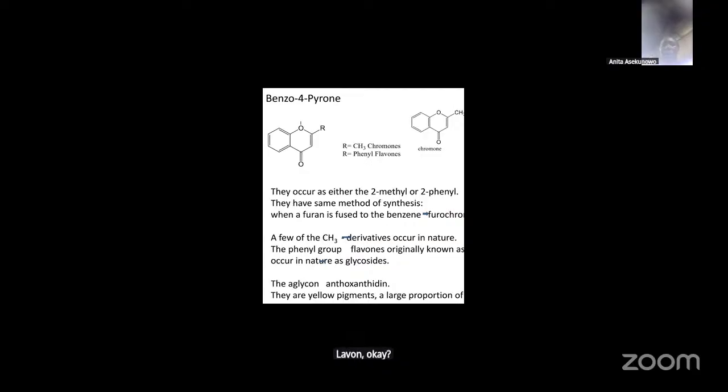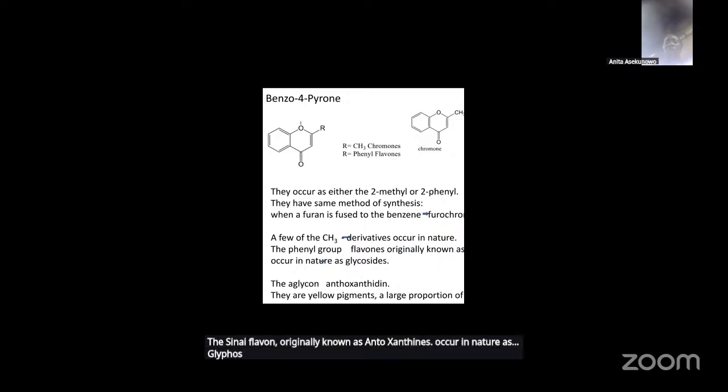Now, in nature, a few derivatives of chromone exist. The phenyl flavone, originally known as anthocyanins, occur in nature as glycosides, while for chromone, there are very few that occur in nature.